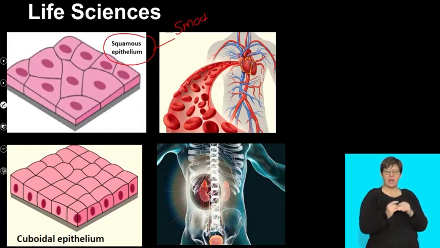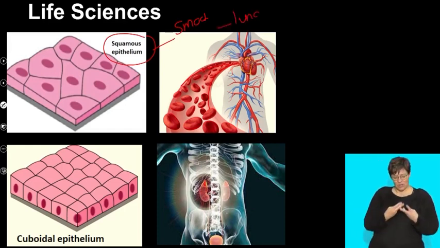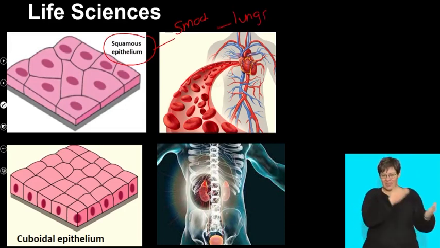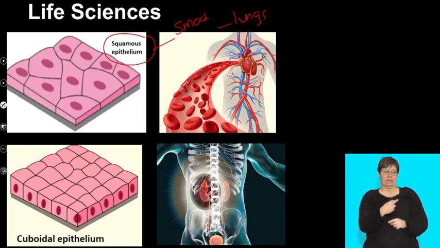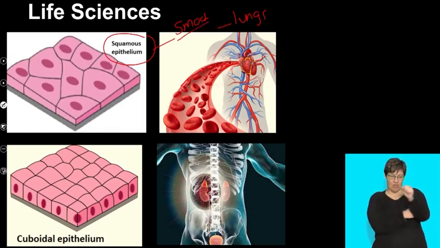In my blood vessels, in my heart, in my lungs, where it's nice and smooth and things can move slowly. You don't want your blood vessels to be a 4x4 track because then things are going to get stuck and we're going to get blood clots. So remember, look at the function and look at the structure.